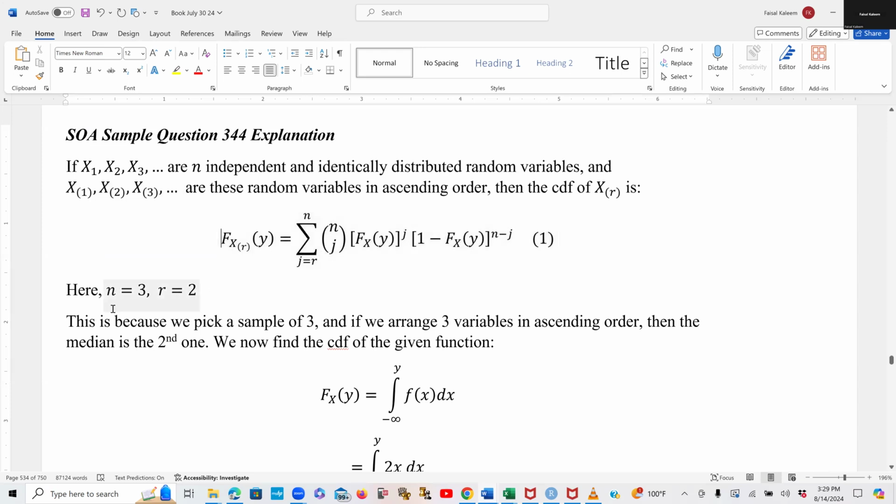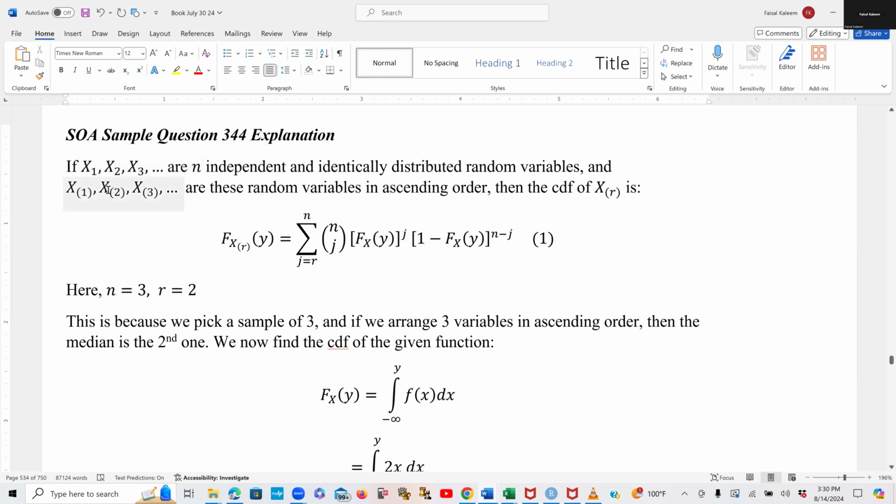And in this case, n is 3. N is the total number of variables. Here we are given a sample of 3 variables, so n would be 3. And r is the position we are looking for. Just imagine we have these 3, X1, X2, and X3, and we were asked for the median, which means the middle one.